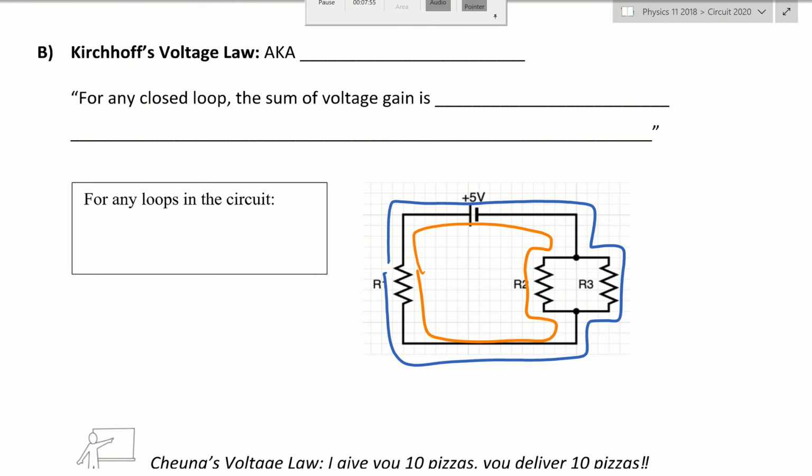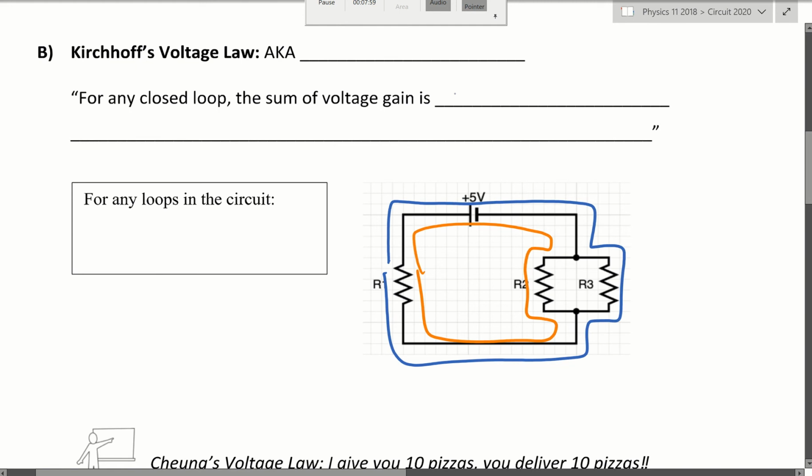For any closed loop, the sum of voltage gains is equal to the sum of voltage drops.